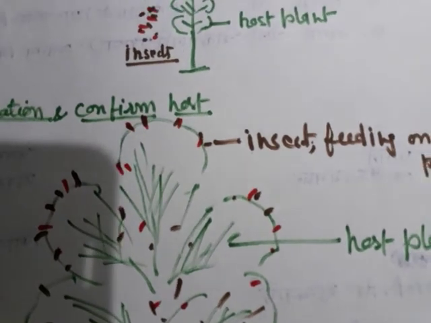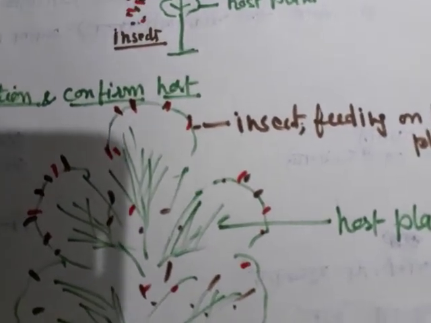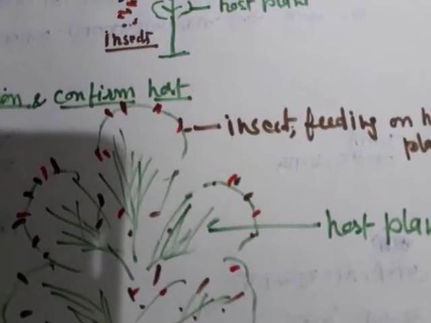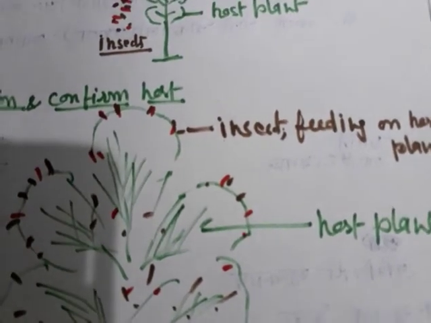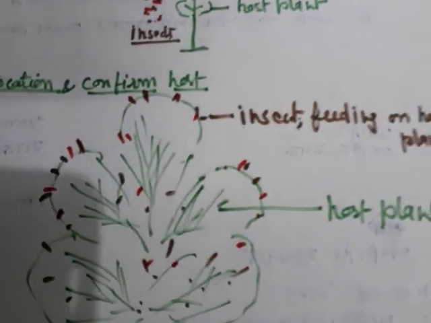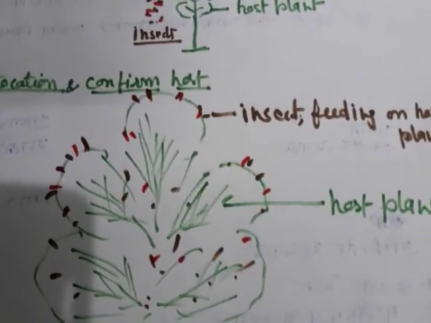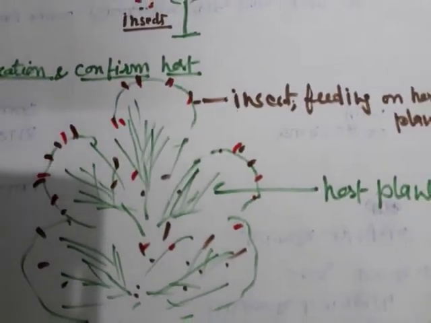So the relation of insect to plant host can be harmful or beneficial. In both cases, they show different mechanisms.